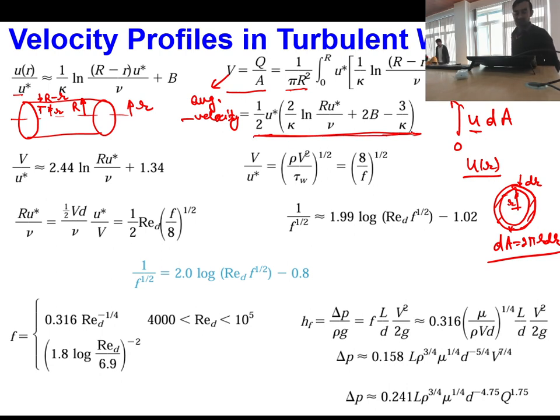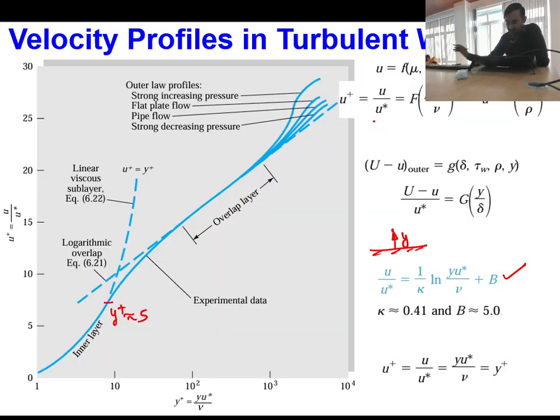Okay, so now this equation can be further simplified after substituting the values of k and B over here. If you recall, k was nearly equal to 0.41 from the previous slide, and B is equal to 5.0.